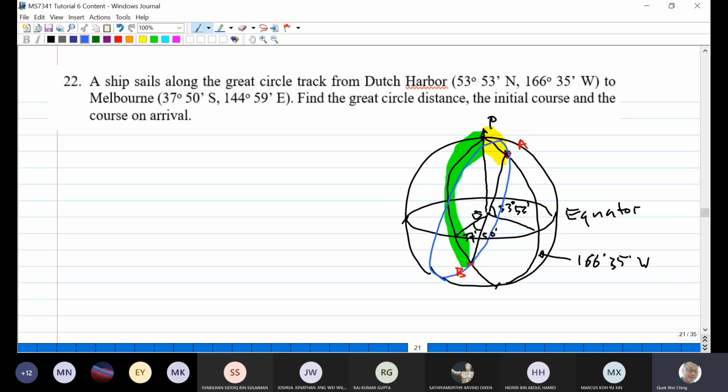So the distance it travels, or the path it travels, is actually this blue one, the blue color here, from A to B.